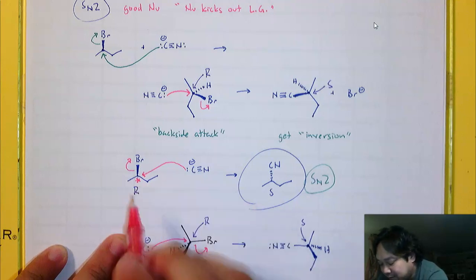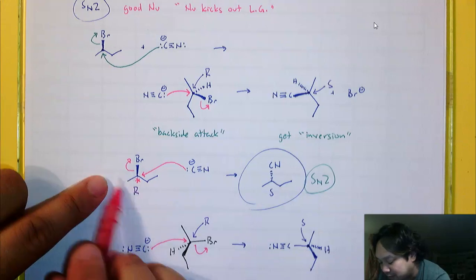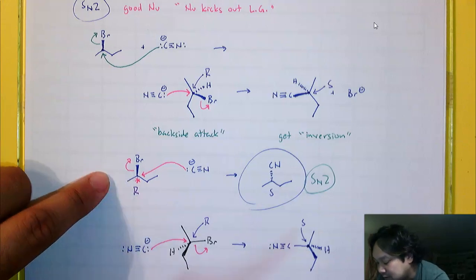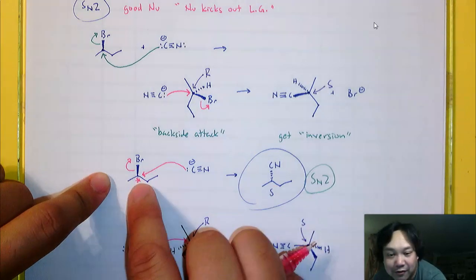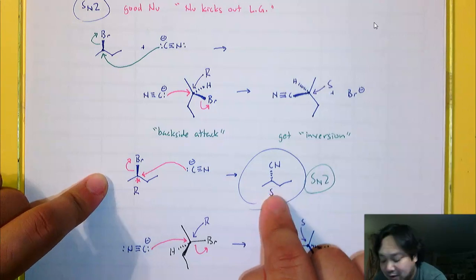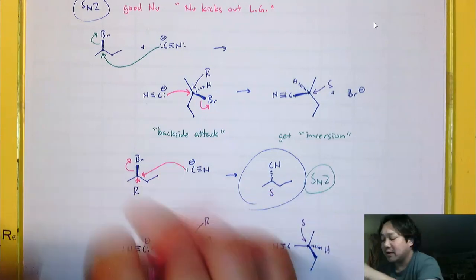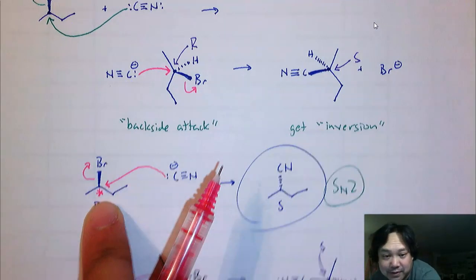If it's not a stereocenter, it actually wouldn't matter. Imagine if this was an alpha group, right? You wouldn't put wedges and dashes because that carbon is no longer chiral, and you wouldn't be able to draw wedge or dash drawings on this product either. You have to have this chiral carbon on the carbon that's being attacked.